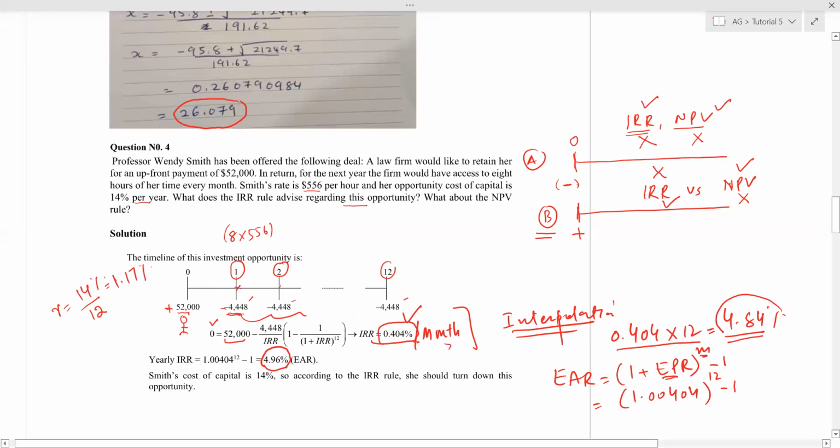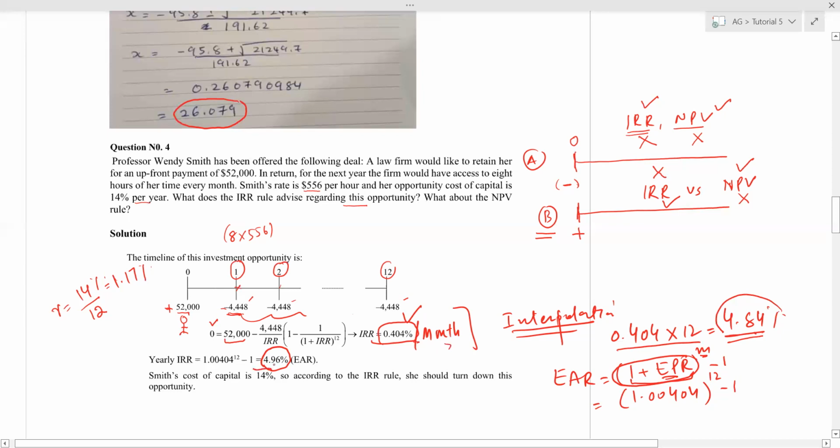And the reason is just that the effective annual rate considers the compounding, while the simple multiplication ignores the compounding. And when we include the compounding, it means reinvestment. So reinvestment gets us a higher answer. That is why it is 4.96%.